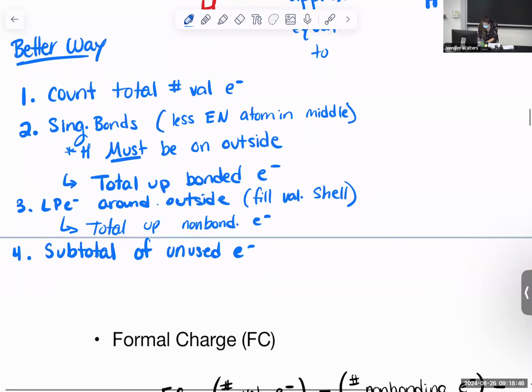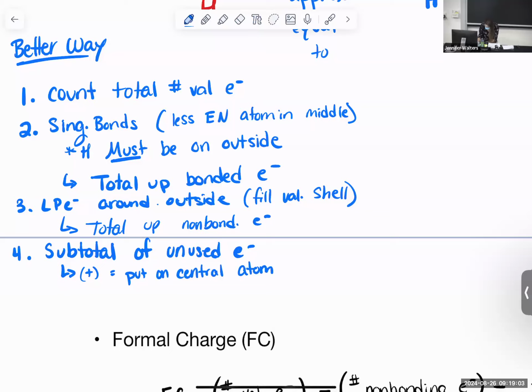If your subtotal is a positive number, you put it on the central atom. If it is 0, you need to check to see if your central atom has filled its valence shell.